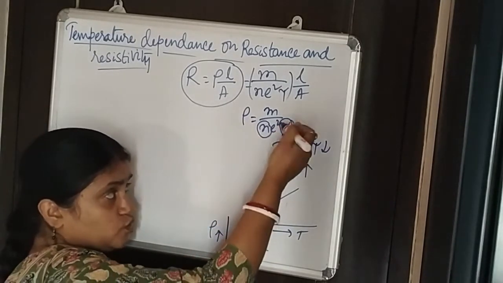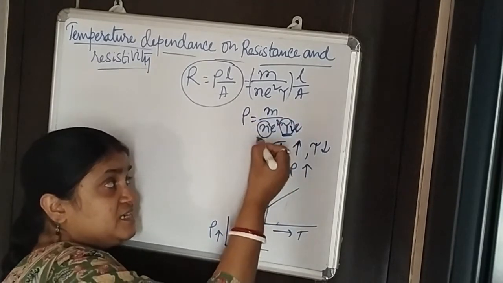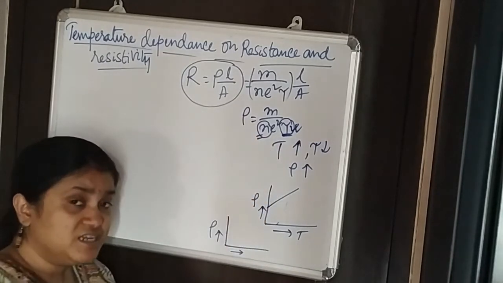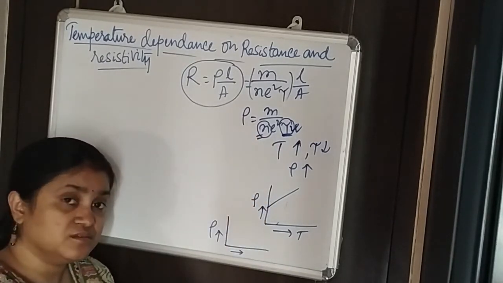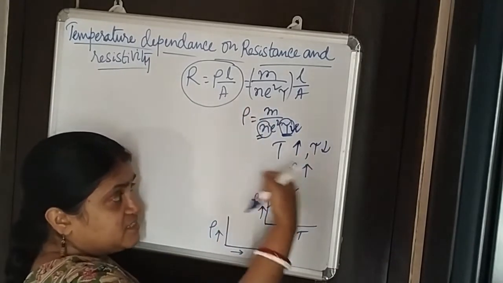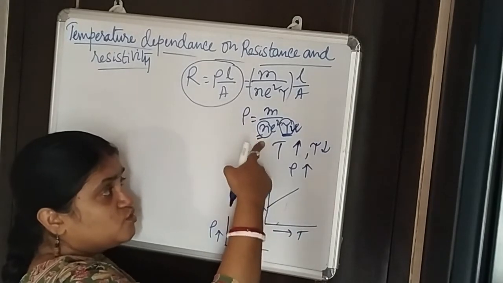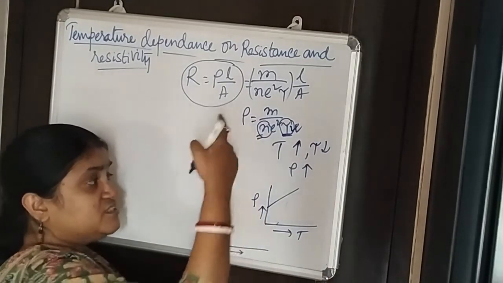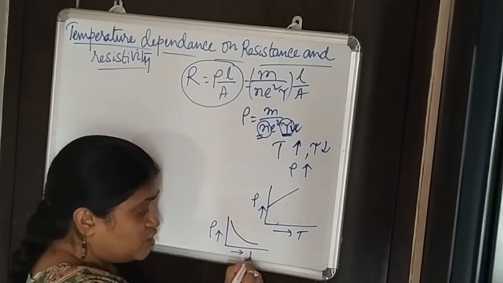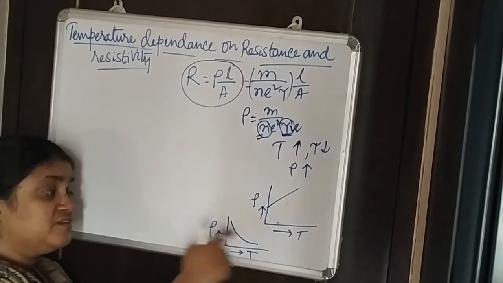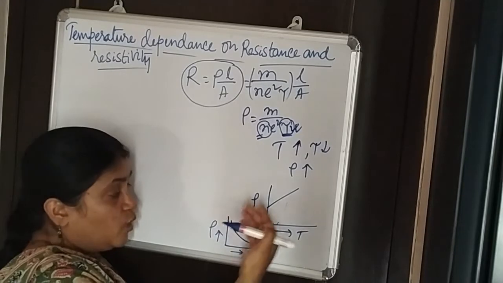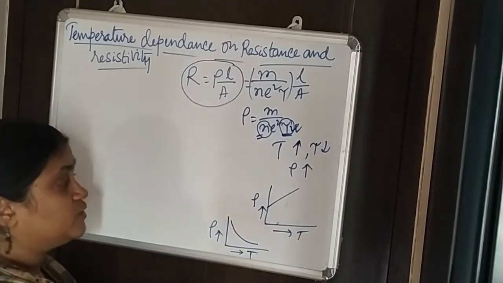Though the relaxation time decreases, the number of electrons per unit volume, this n, is very huge in the case of a semiconductor, and therefore as the temperature increases, n starts to increase, and resistivity starts to decrease, and the curve generally is like this. So as the temperature increases, the resistivity of a semiconductor starts to decrease, whereas the resistivity of a metal or a conductor would start to increase with the temperature.